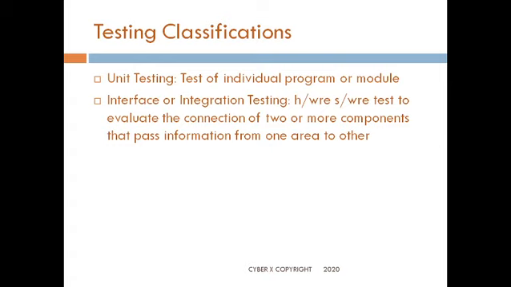Again, the word interface or integration talks about a mixture. Here we are looking for hardware software tests. It's basically a combination of hardware software tests, where two or more components pass on information, and you see how it maps to the other.